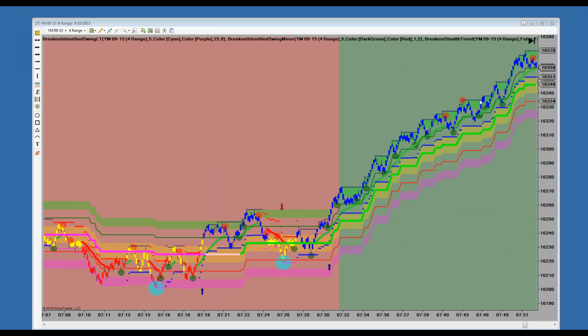Now, when you have a powerful up move as you had here, let me ask a question. This is sort of an open-ended question, so feel free to toss out your thoughts. How do you get into a move like that once it's underway? There's no deep retracements to get in.